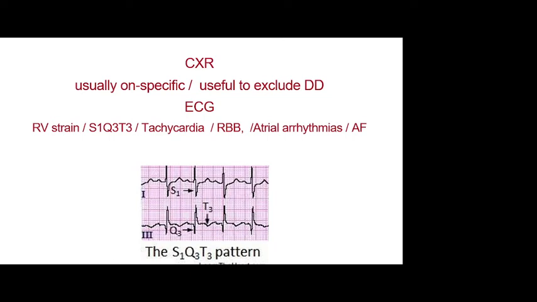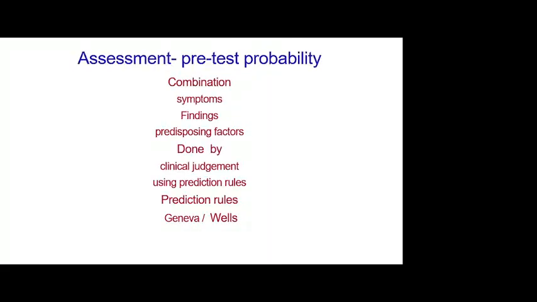At the same time, it is not that rare. Most of the time, the patient will be tachycardic with atrial arrhythmias like atrial fibrillation, and right bundle branch block can also be there. If the patient presents with unexplained atrial fibrillation, we have to think about the possibility of pulmonary embolism too.